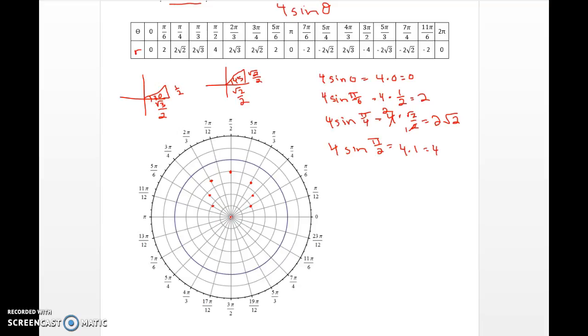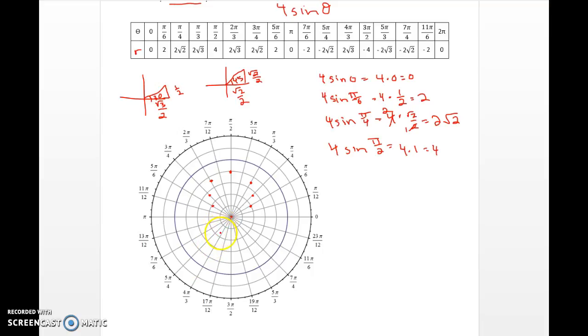If we did 7 pi over 6, r is negative 2 root 2, so we go back, follow it all the way, and we already have that point. At 5 pi over 4, r is negative 2 root 2, so we'd have to go back, and we have that point here. At 4 pi over 3, r is negative 2 root 3.